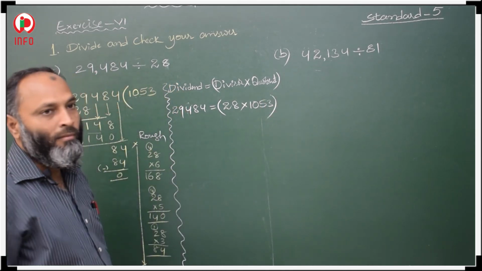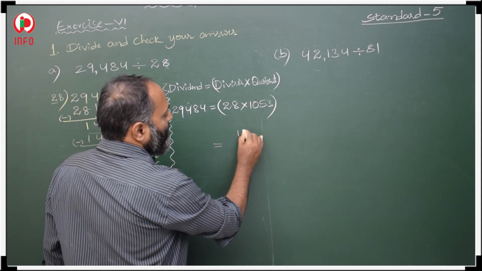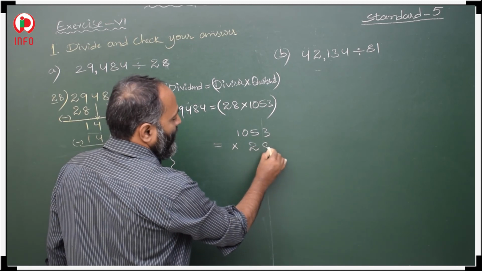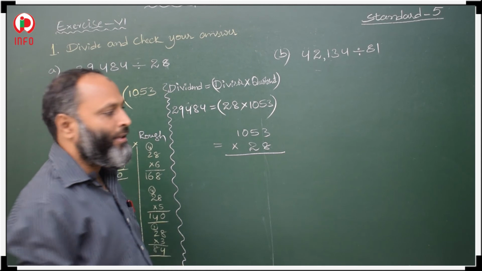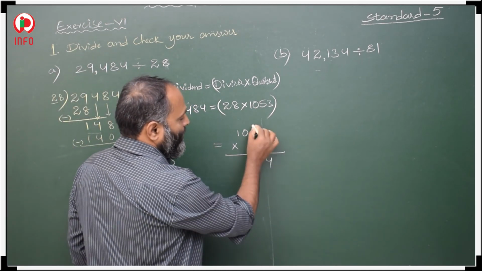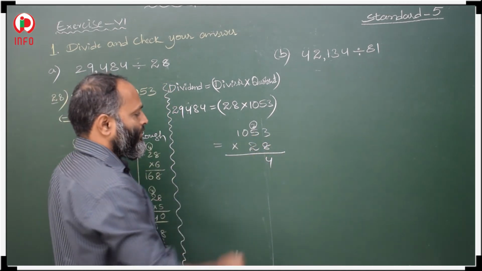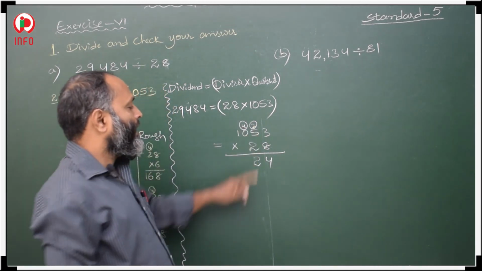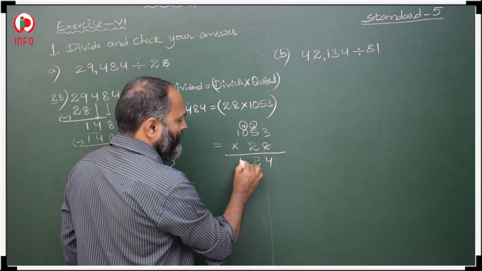Now you have to multiply 1053 by 28. First you multiply with 8. 8 3s are 24, 2. 8 5s are 40, 40 plus 2 is 42, and 4. 8 zeros are 0, 0 plus 4 is 4.